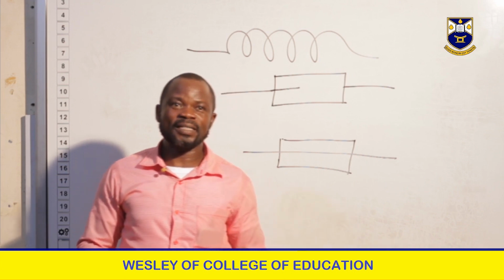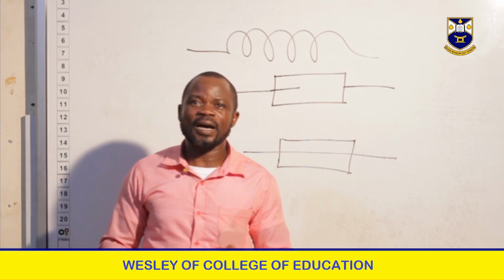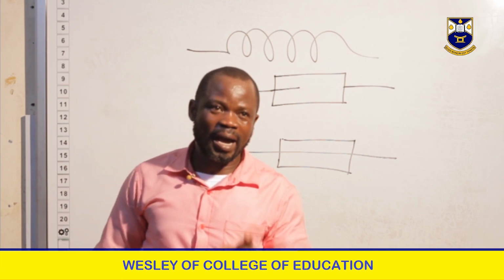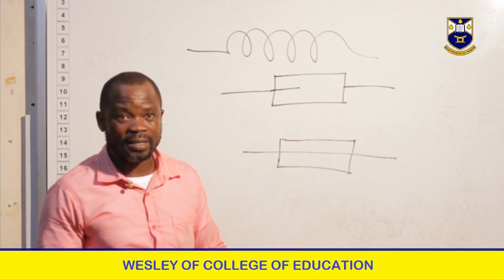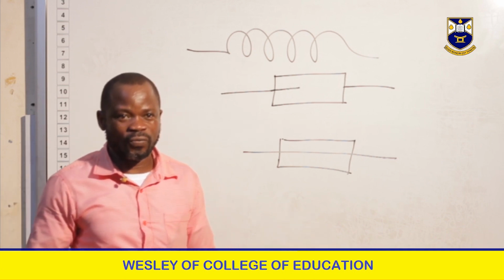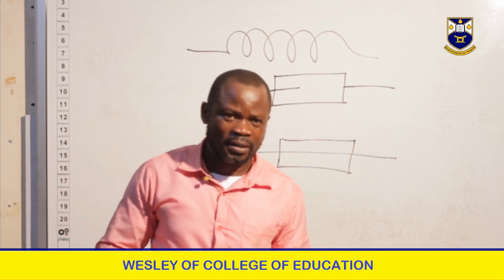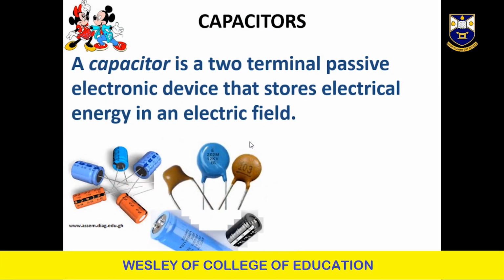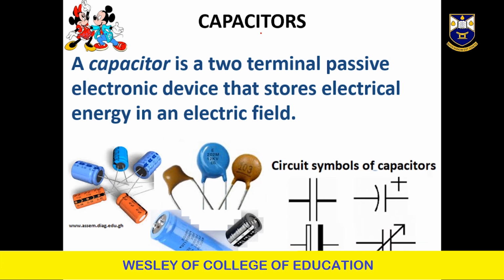So a capacitor is a two-terminal passive electronic device that stores electrical energy in an electric field. We have various types, and they look very beautiful in the picture; these are components we see in our electrical and electronic devices. The symbols for capacitors are as shown, so many of them.